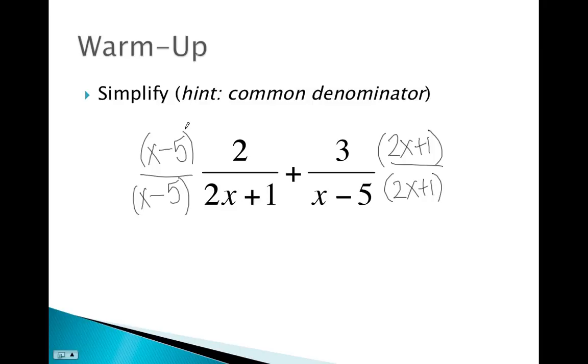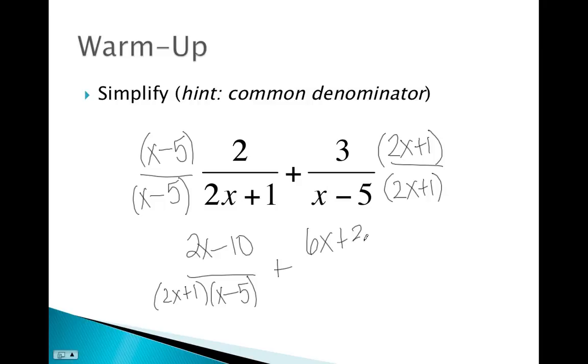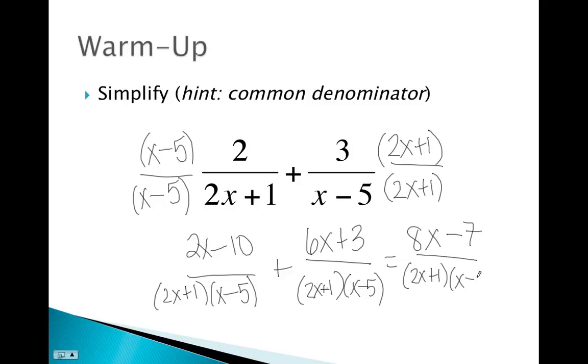So this becomes, I distribute this 2 through, 2x minus 10 over 2x plus 1 times x minus 5, plus 6x plus 3 over 2x plus 1 times x minus 5, which if I combine these two together, since I can with equal denominators, I get 8x minus 7 over 2x plus 1 times x minus 5.